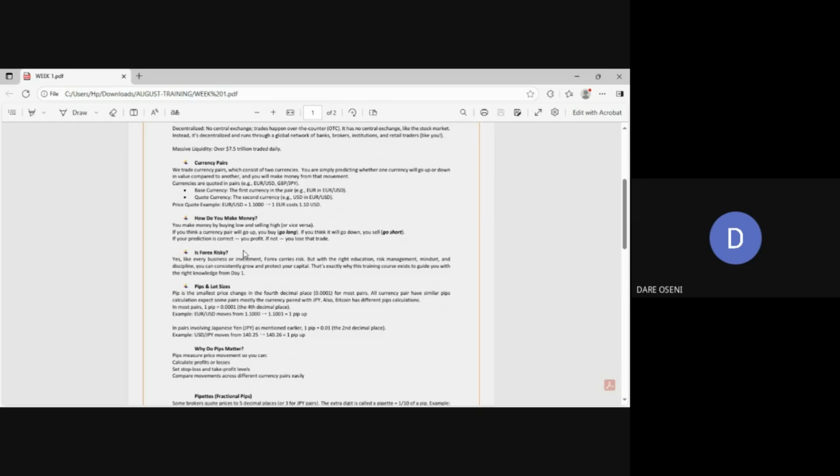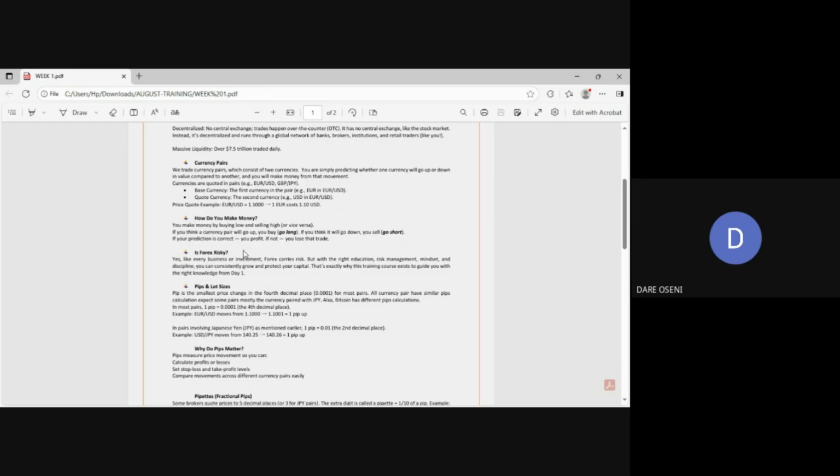So now we'll be diving deep into the technical part of Forex, and the number one thing you need to know is pips. What is a pip? A pip is the smallest price change in price movement in forex markets.